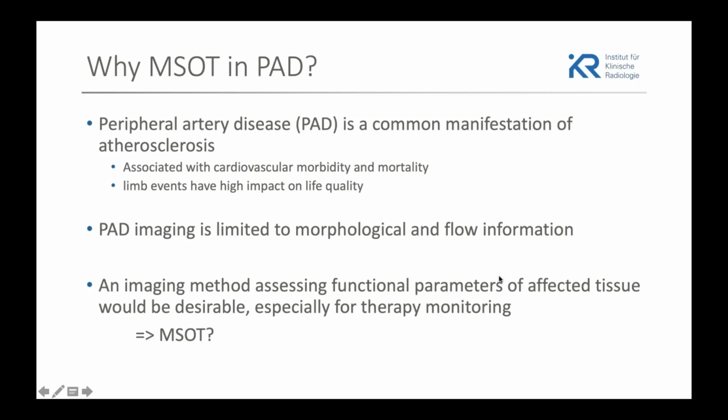So PAD is a common manifestation of arteriosclerosis in the limbs and is associated with cardiovascular morbidity and mortality. And regarding the individual patient, the limb events caused by PAD have a high impact on their life quality. Again, PAD imaging is also limited to just morphological information or flow information.